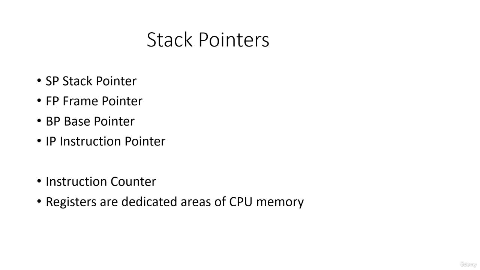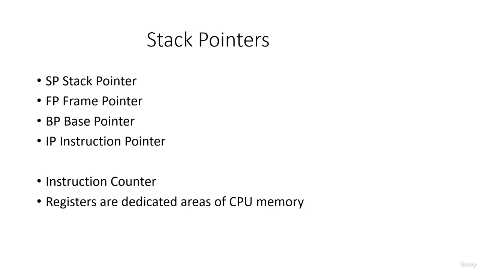And finally, there is an instruction pointer, which points to the location in memory that contains the next machine language instruction to be executed by the CPU itself. The instruction pointer steps through the program's code in an incremental fashion, which causes one instruction to be executed at a time.